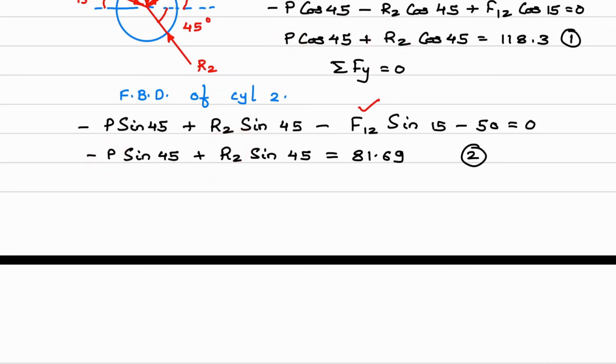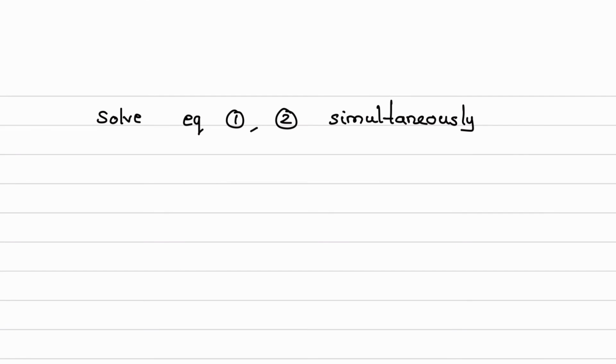Okay, so we can calculate P and R2. So P value is 25.88 Newton, which we have to calculate, and R2 also we can write it down, 141.41 Newton. Okay, now what was asked in the question? Only P was asked. Okay, so this is the final answer.